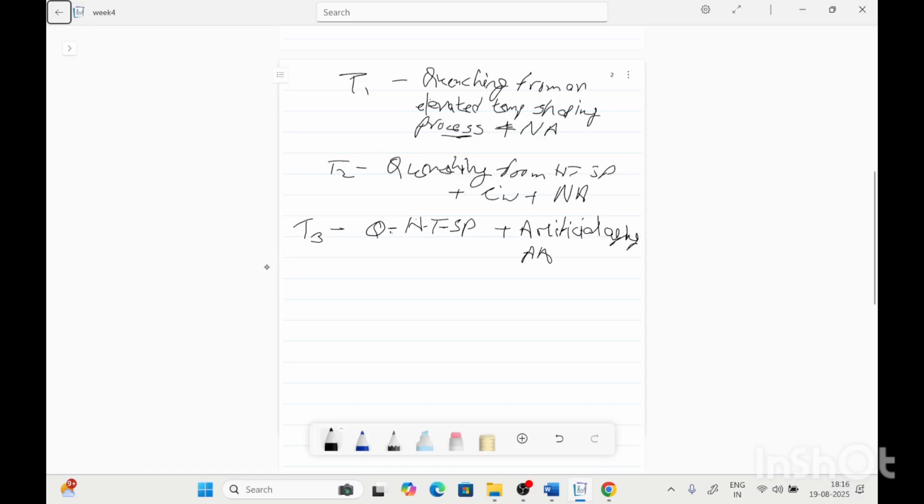Then T4 is given as solution treated plus natural aged.